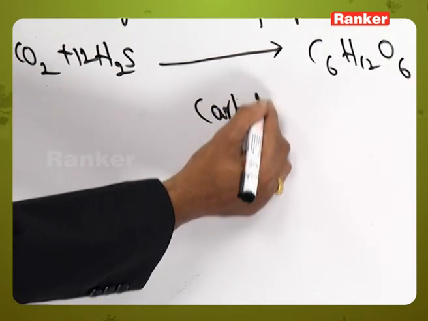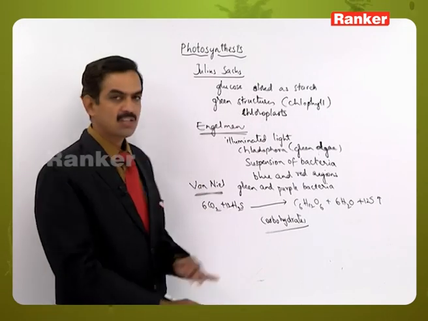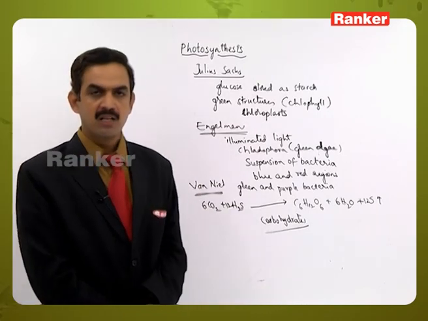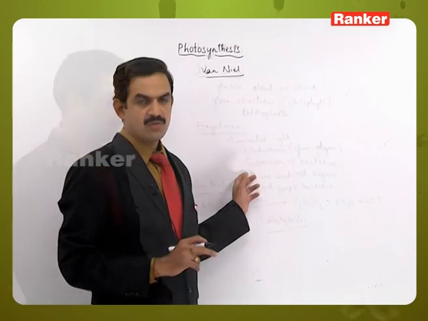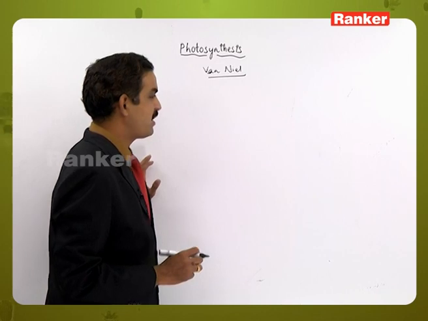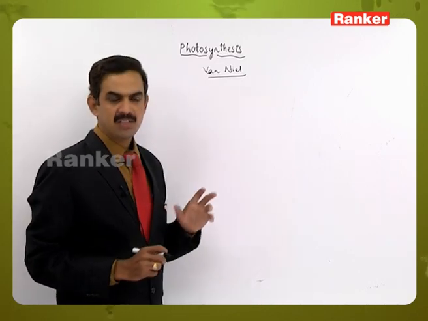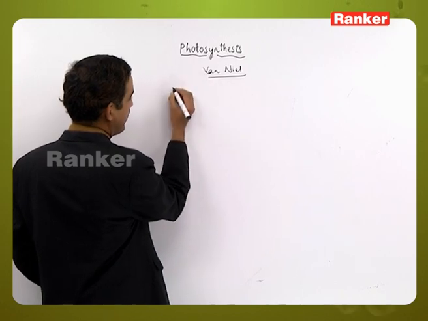by using the carbon dioxide, which is used as one of the substrates for the photosynthetic process. So in the Van Niel experiment, the process where hydrogen is taken from the oxidizable compound produces the carbohydrate molecules.